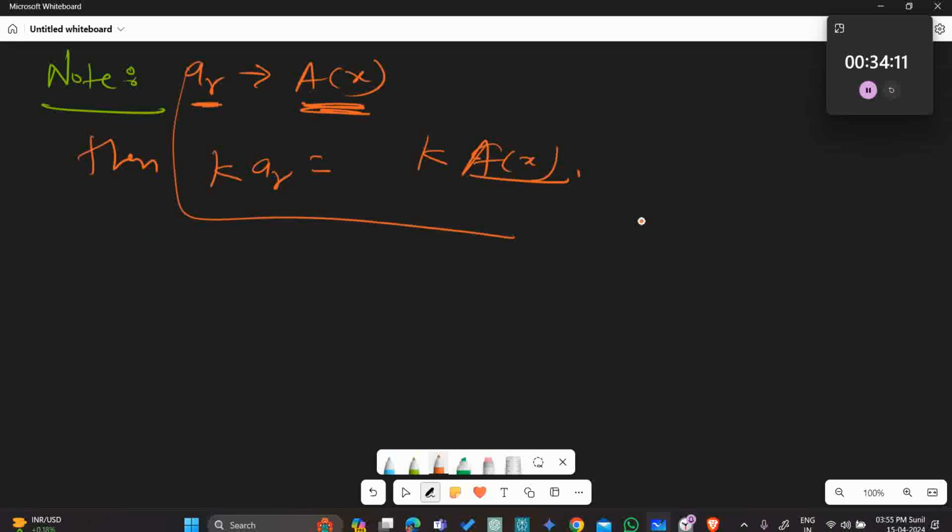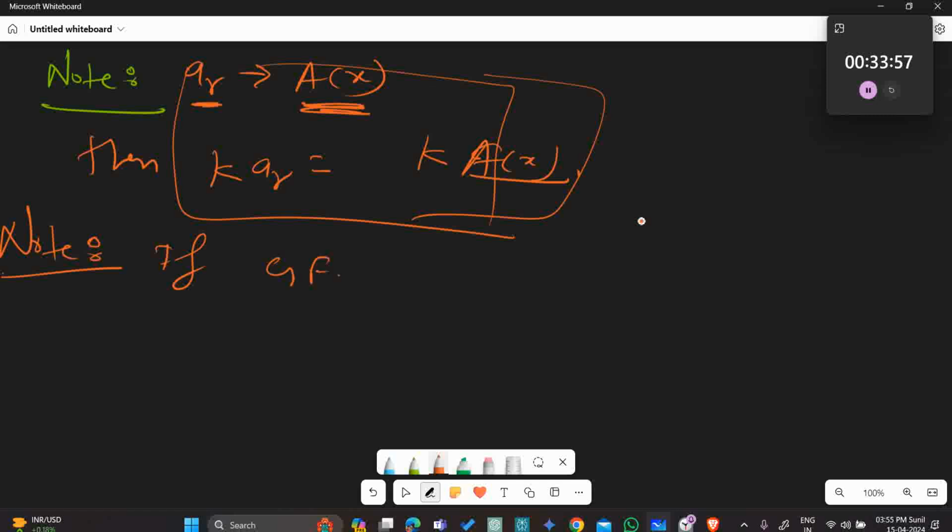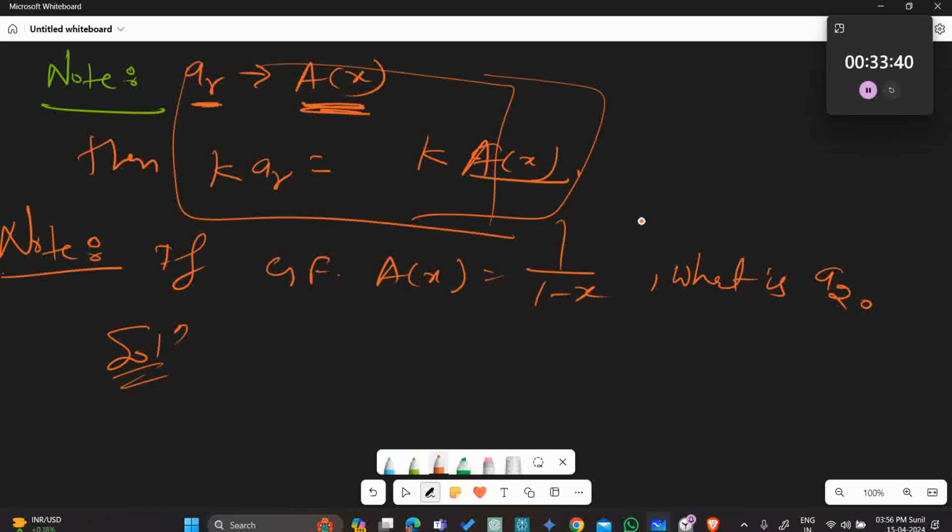These are some very important properties. Note here. Next note here: if the generating function a of x is equal to 1 upon 1 minus x, then what is a20? What is a20 here? The solution for this is a of x is equal to 1 upon 1 minus x, which corresponds to a of r is equal to 1.